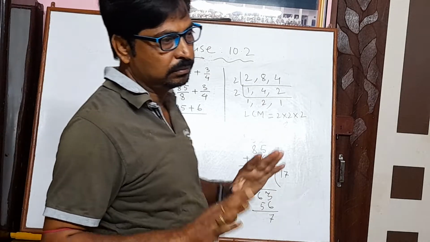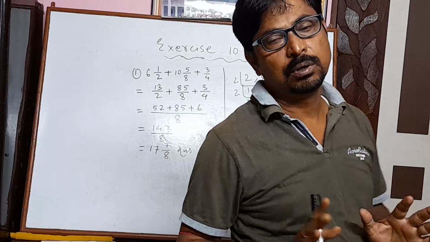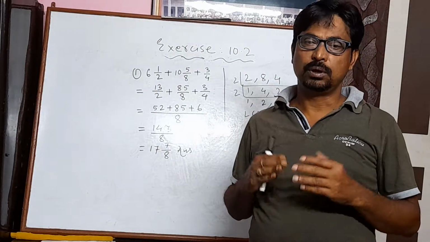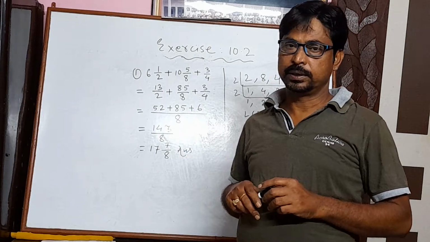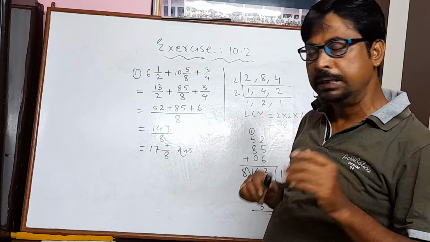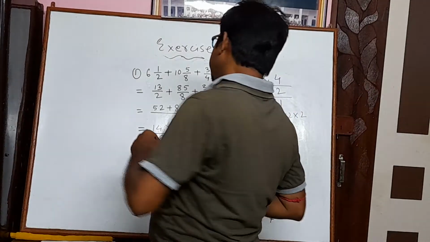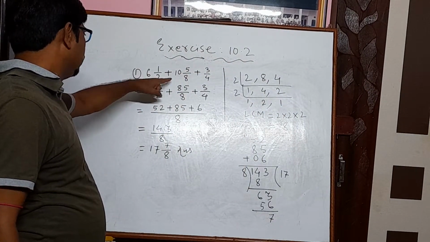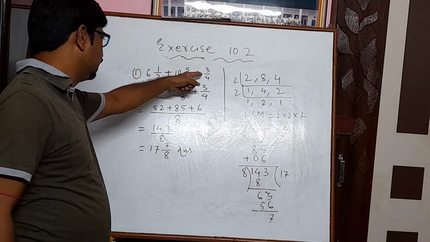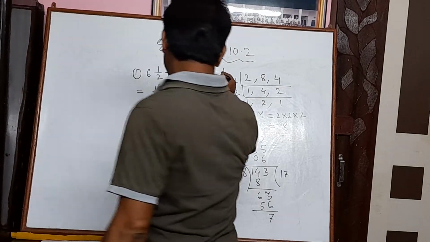First of all, you have to convert mixed fraction to improper fraction. The question is given in mixed fractions 6 whole 1 by 2, 10 whole 5 by 8 and 3 by 4. This is not a mixed fraction.